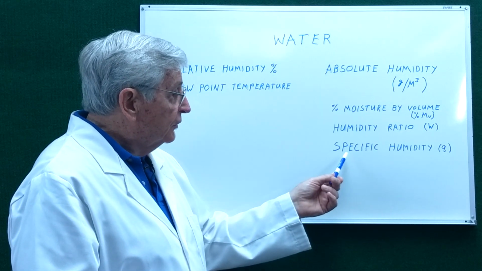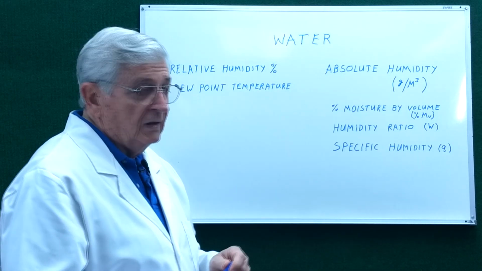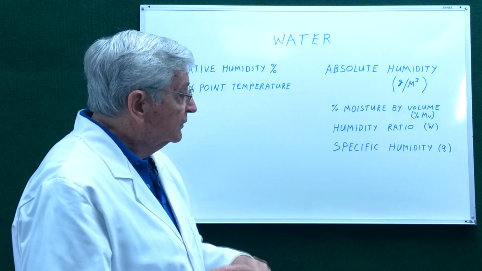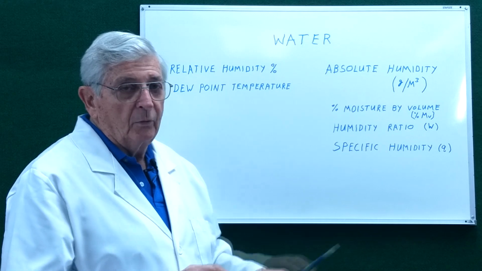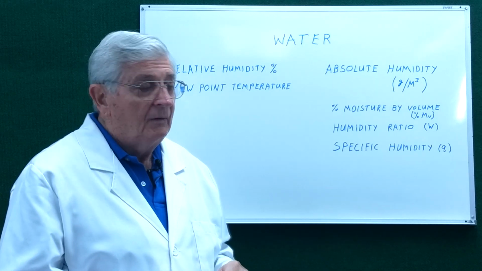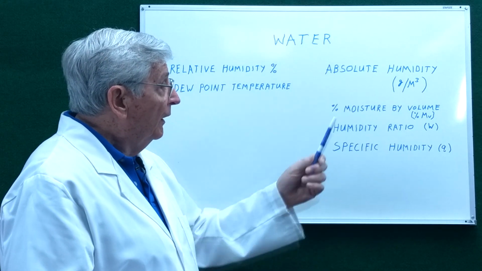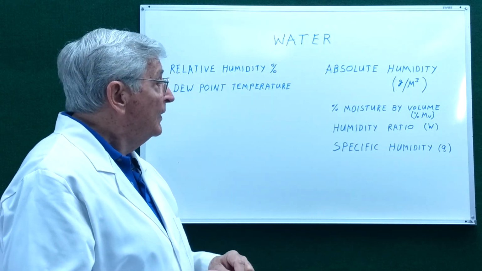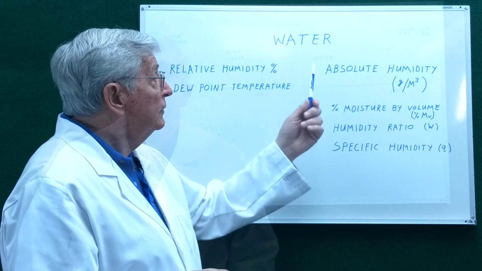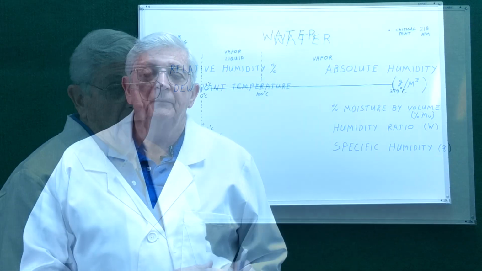And then there's a term called specific humidity, and that's the weight of water per weight of mixture. So we'll get into all of these in more detail later, but first we need to talk about water.